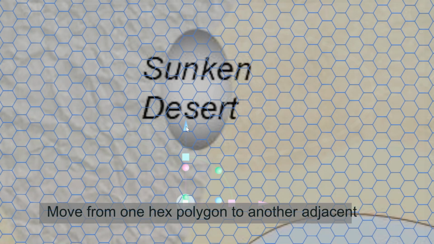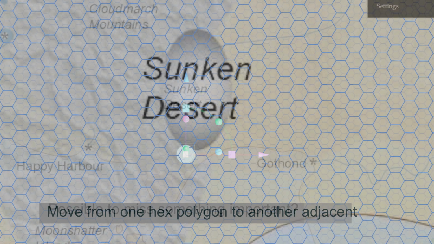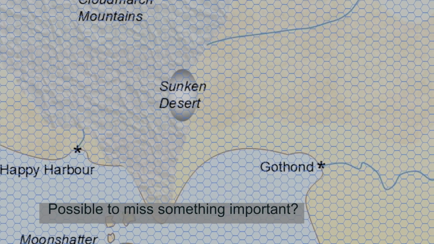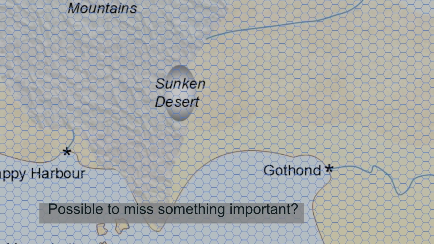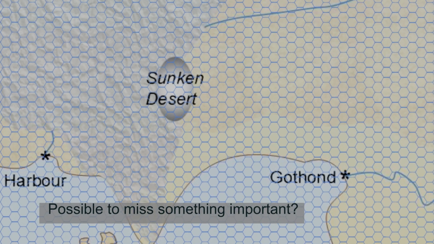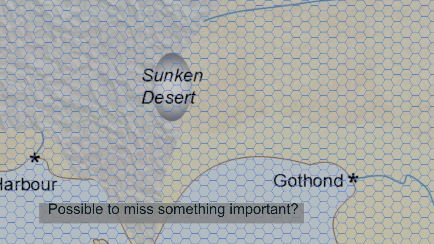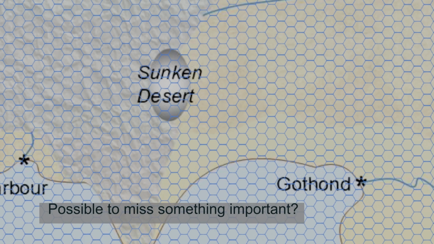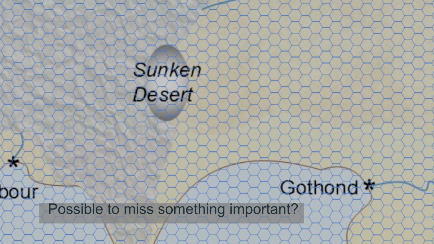In principle, when the characters move from one hex polygon to another, they will encounter only what was prepared or rolled randomly for that specific hex polygon, and not for any other place in the map. During a hexcrawl, the characters could miss important encounters, unless they pass through numerous hex polygons that eventually will build a larger picture, but not necessarily a complete picture.